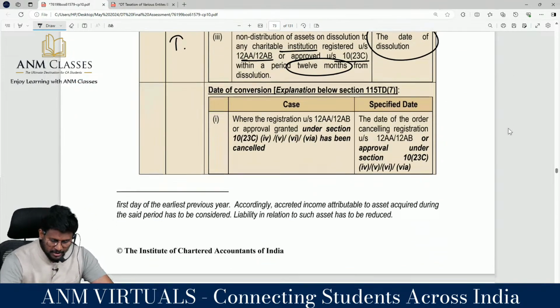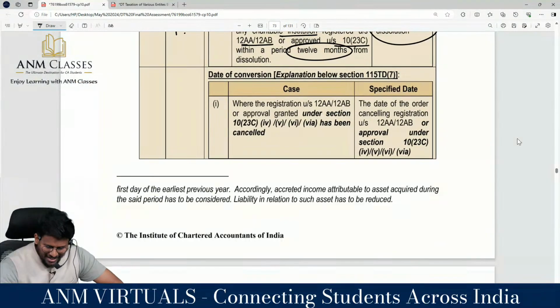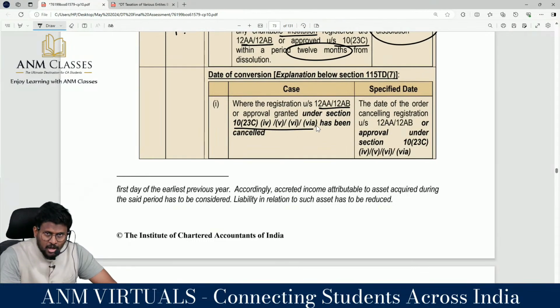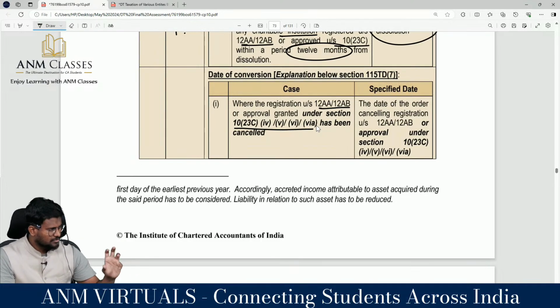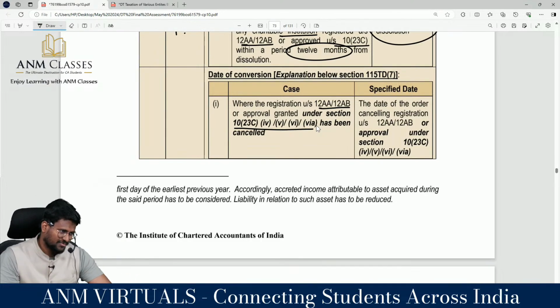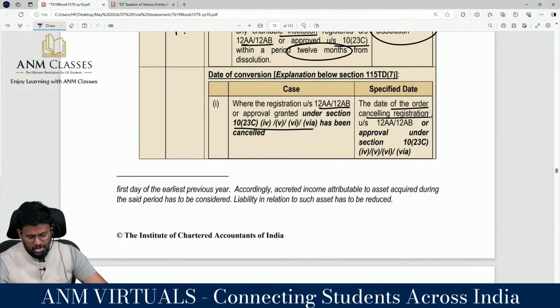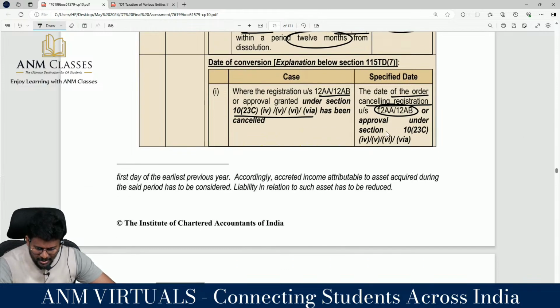Clear? Explanation of date of conversion: where the registration under 12A or 12AB or approval granted under section 10(23C) class 4, 5, 6, 6A has been cancelled. This is what? Deemed conversion. Then what should be the specified date? The date of the order cancelling registration under section 12A or 12AB or approval under section 10(23C) series organization.